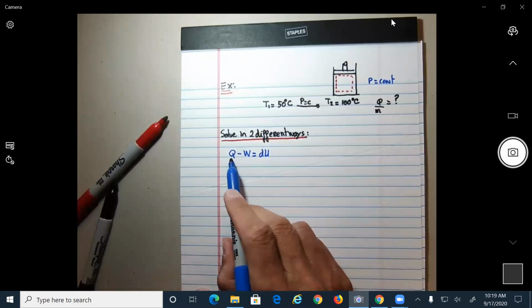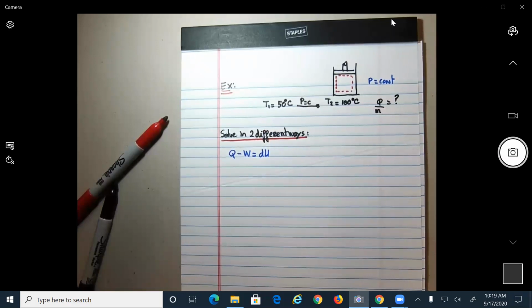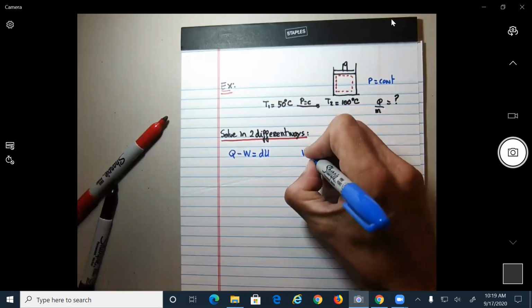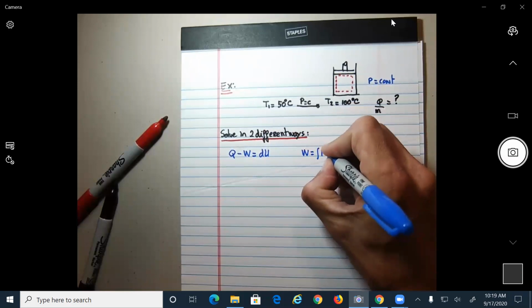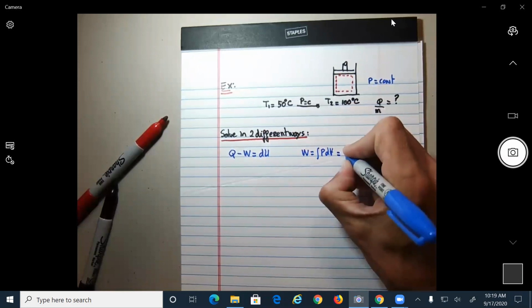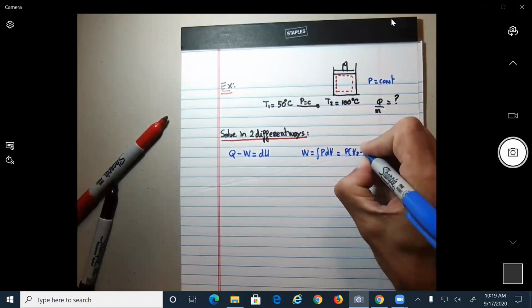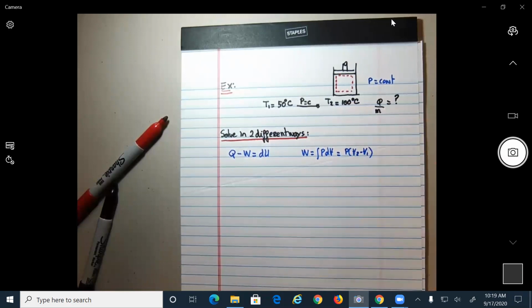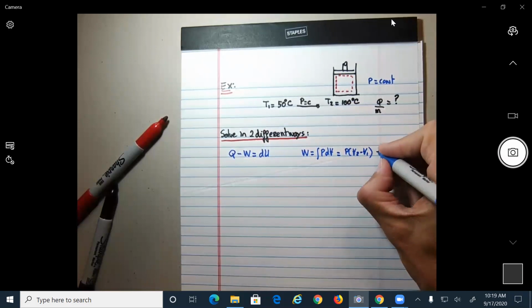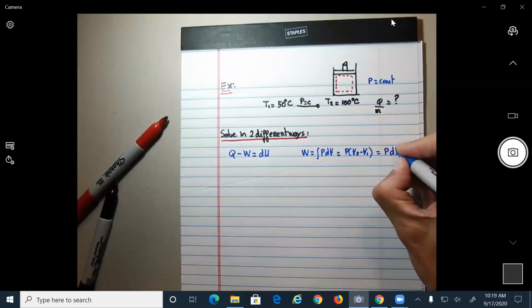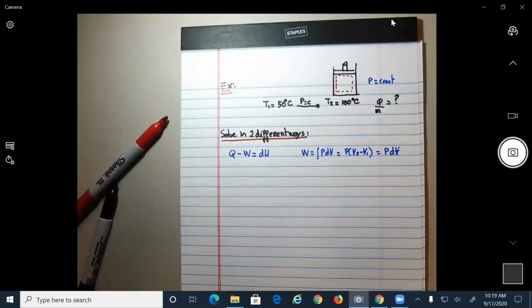So we're trying here to solve for Q. And in this case, what do we know? Work equal to PdV, for constant pressure, this is equal to P(V2 minus V1), or what I called before PdV.